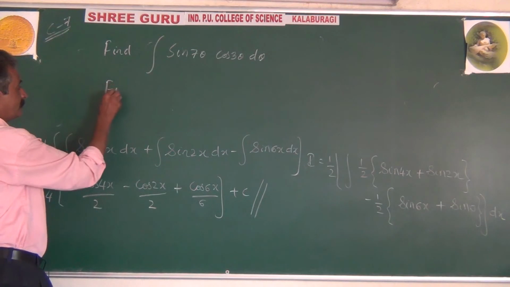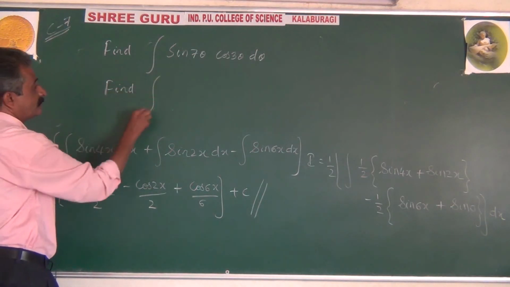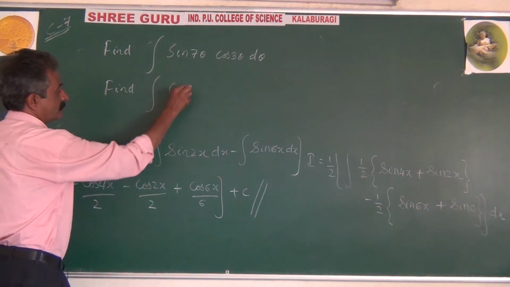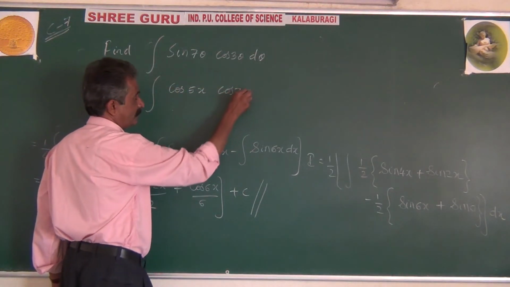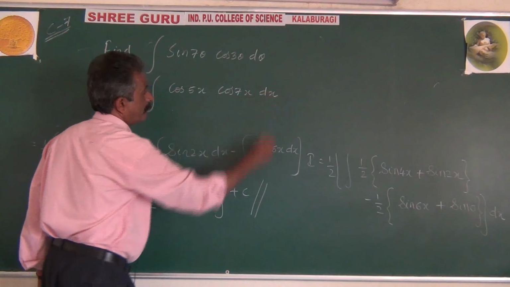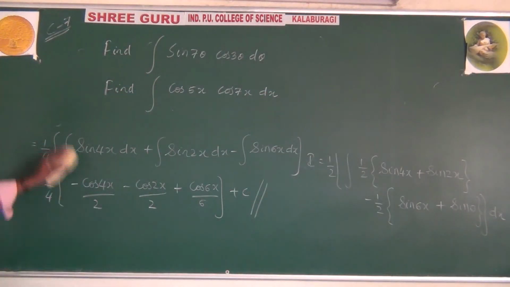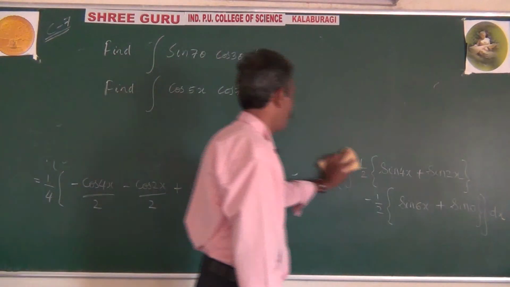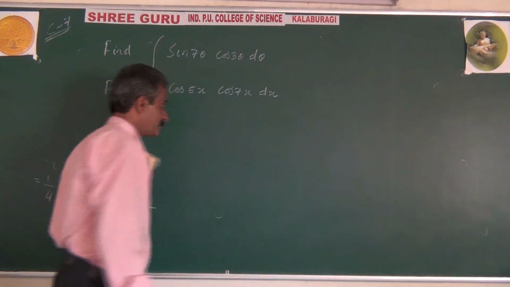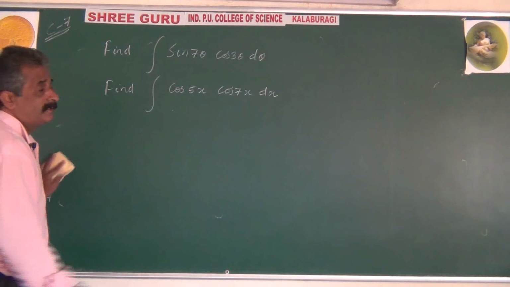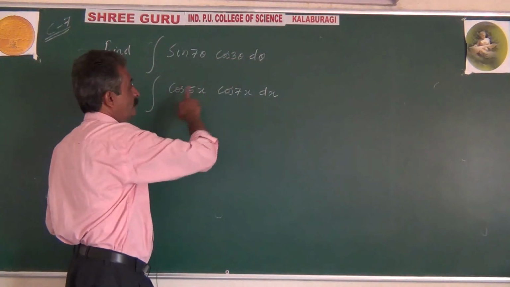Next, find integration cos 5x into cos 7x dx. Use cos a plus b formula. Another one, try it yourself. Here use sin a plus b formula.